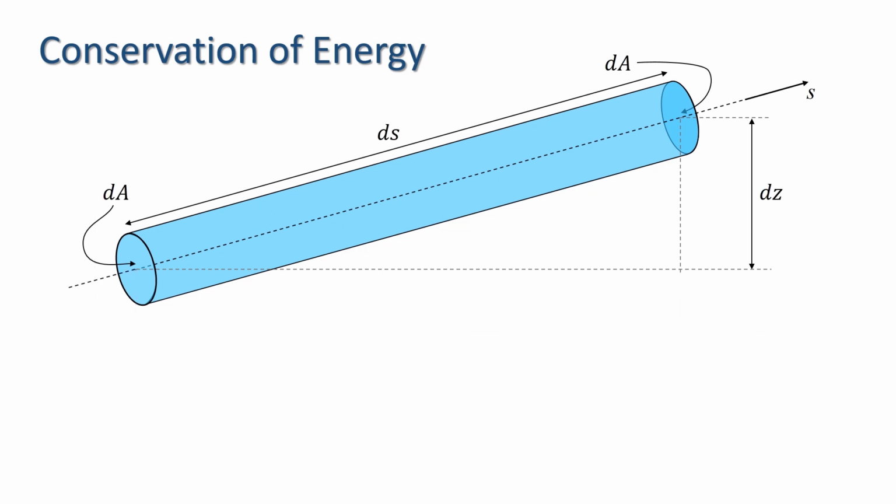The forces acting on the stream tube are pressure forces and the gravity force. If we have a pressure P on the left-hand cross-section, then the pressure on the right-hand cross-section will be P plus dP/ds ds by the chain rule. And then we have the weight of the fluid in the stream tube, W.